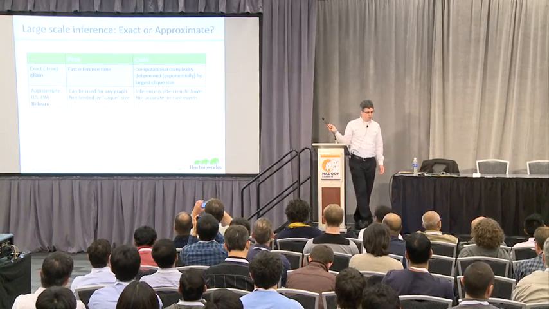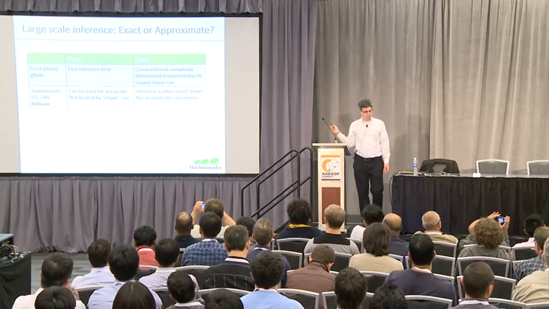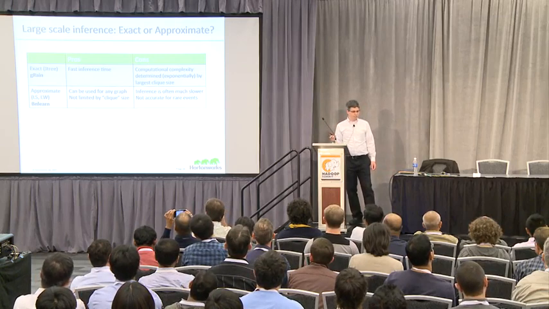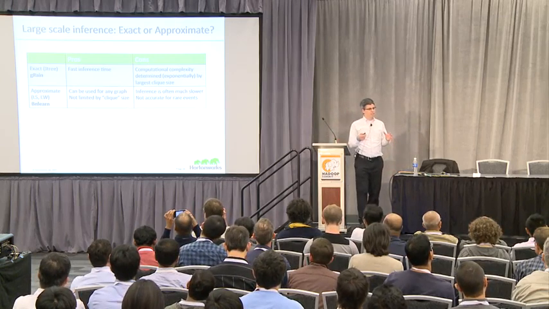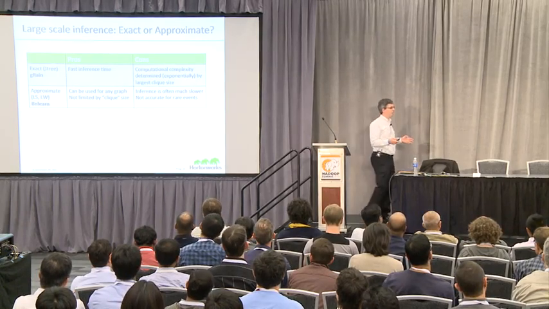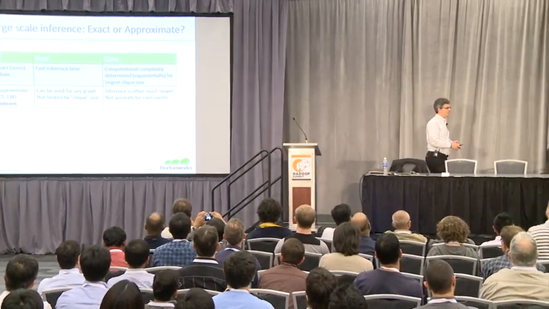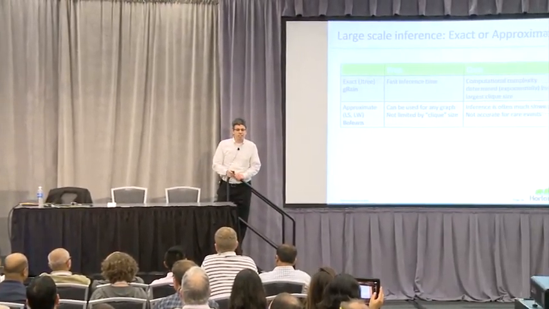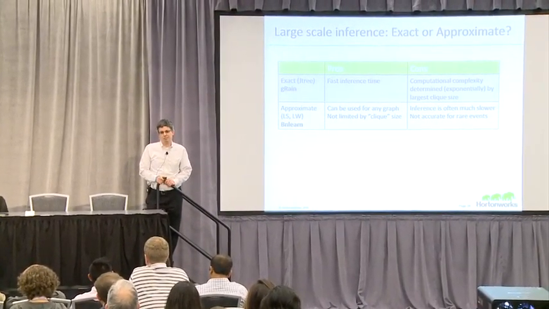Before I show you the code for that in Hadoop, I wanted to talk to you a little bit about exact versus approximate inference. So exact inference, like gRain with the junction tree, is really fast. It takes an instant. And so the question is, why don't you use that? The answer is, it has scalability problems.